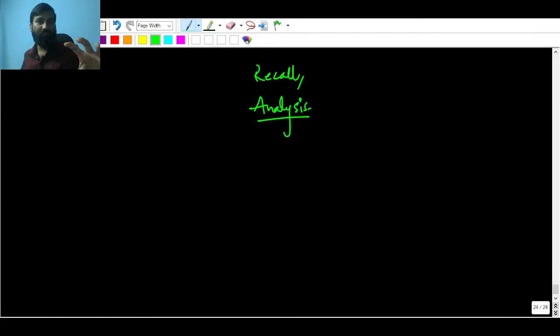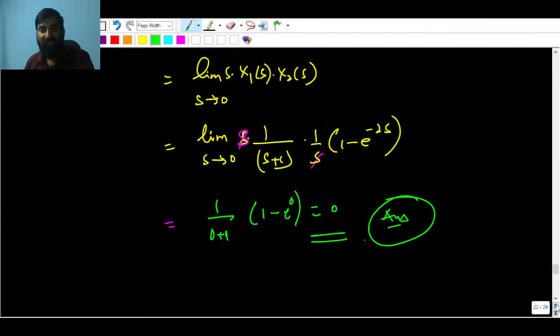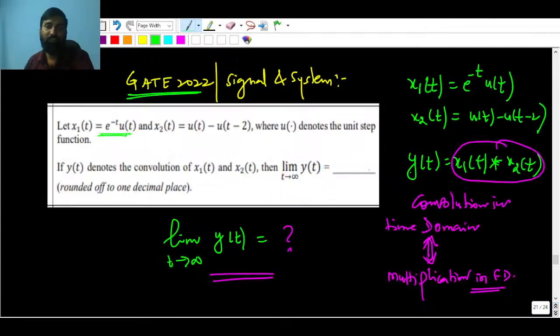If the input is given and the network or system is given, you have to find the output. That is an analysis based question. Recalling means you have to recall that convolution in the time domain corresponds to multiplication in the frequency domain. I hope this question is clear, and for this question the answer is going to be 0.